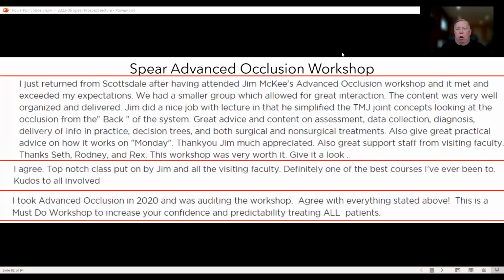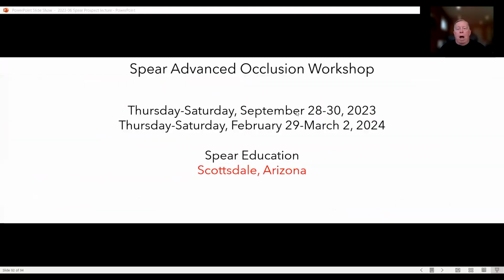I want you to be able to go home and take this and implement it pretty much immediately into your practice. And dentists who have done that and really taken the material and gone back will come back routinely and say that it's impacted their practice almost immediately. The last one I thought was great because it's really not about just advanced occlusion. This is all patients. And the more we understand it, the more confident we can be. We're going to do that workshop again September 28th to 30th in 2023, and then February 29 to March 2nd in 2024.